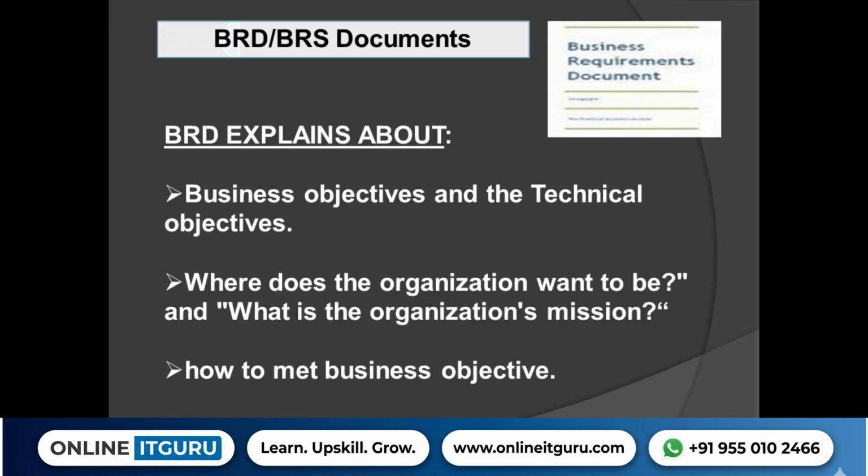Technical objectives explain how we are going to meet these business objectives. The BRD document explains the step-by-step process and the end-to-end solution for how we are going to meet the business objectives.